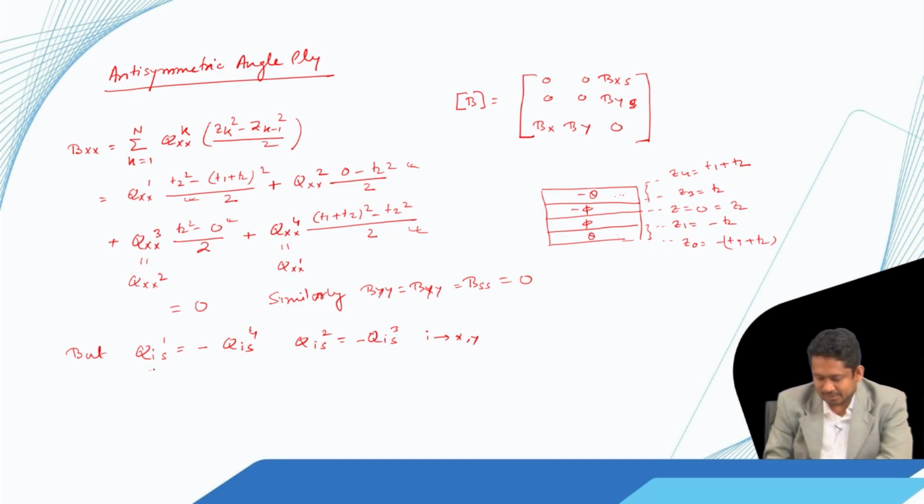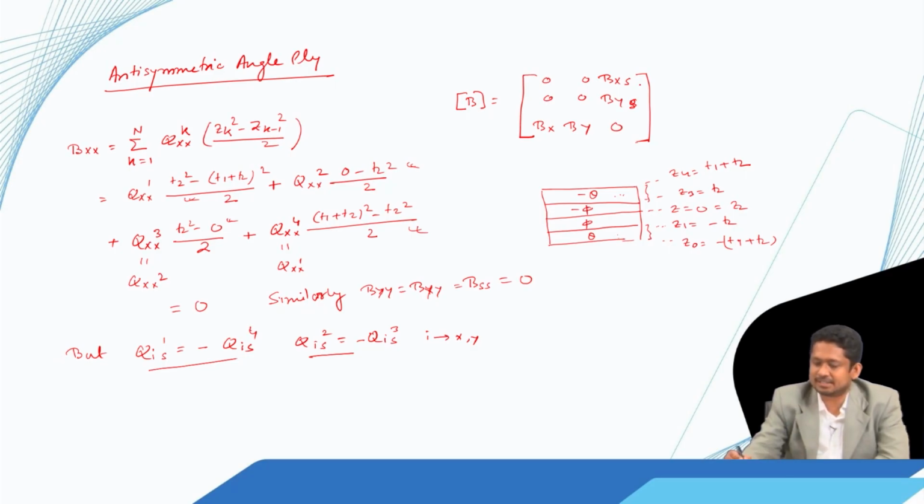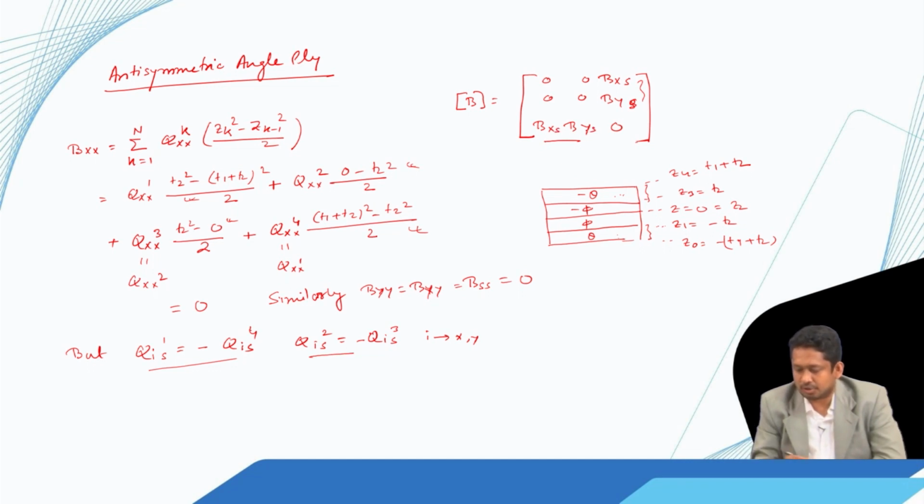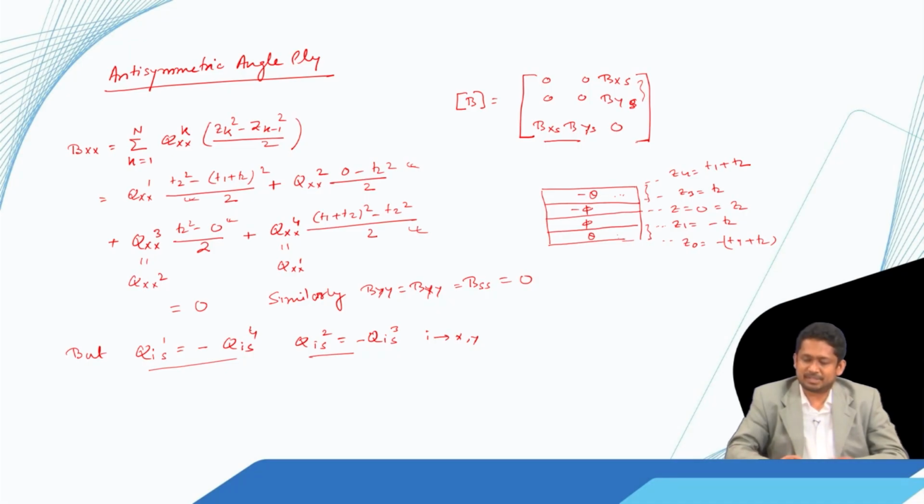Because of that, when we find out the corresponding term in the B matrix, they do not become 0, rather they add themselves up and this quantity finally becomes non-zero. So, with an antisymmetric angle ply laminate we have a B matrix with most of the entries 0 except for these IS or SI terms.